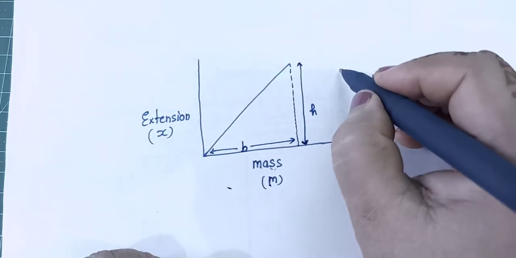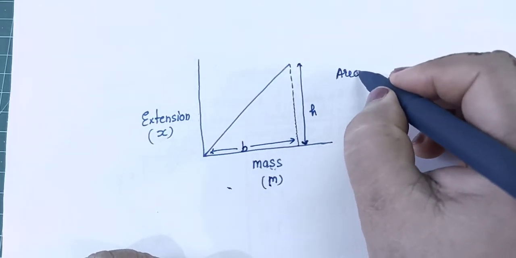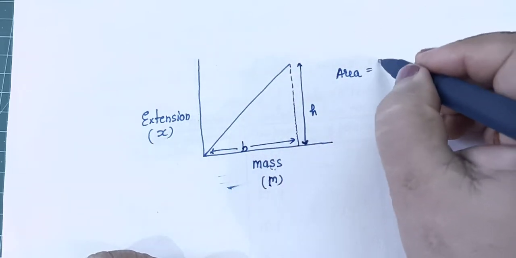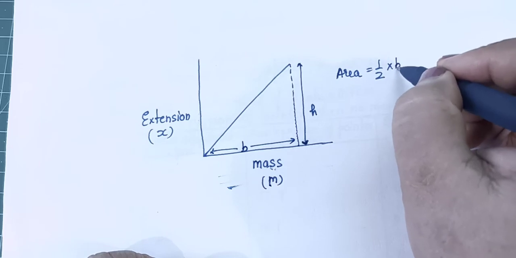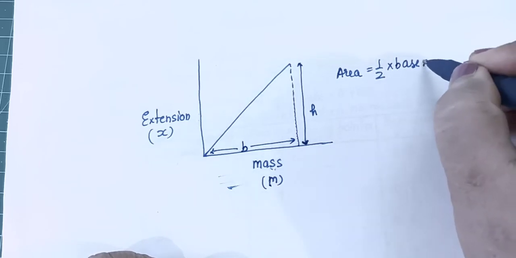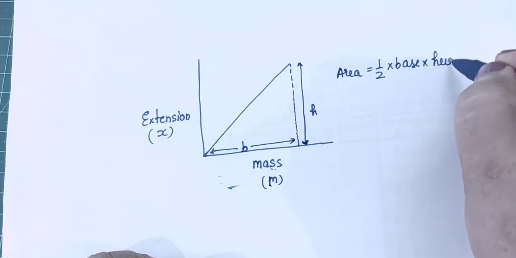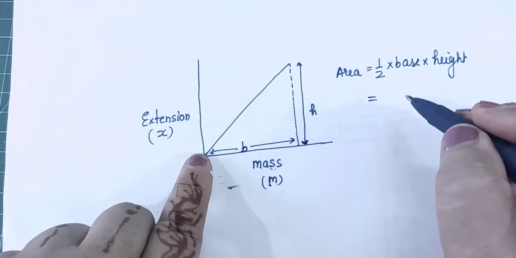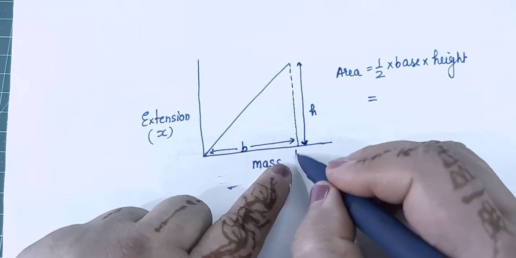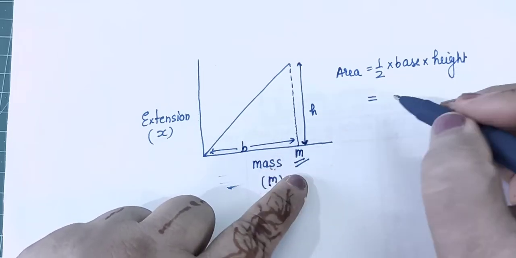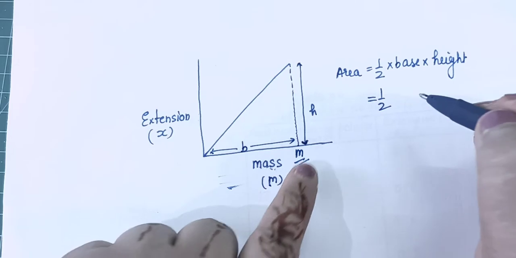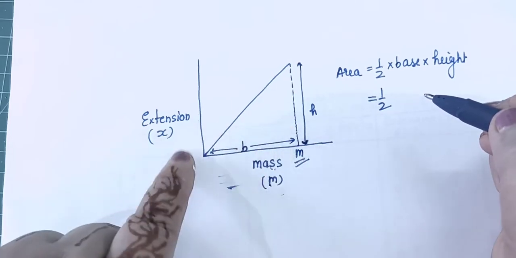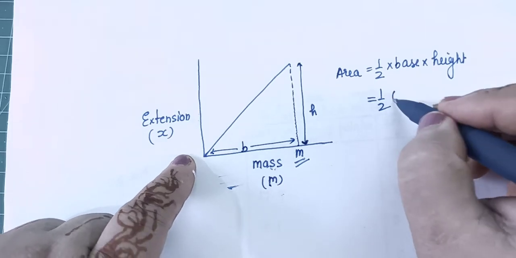If you find the area covered by the graph with the x-axis, then it is half base into height. Now base is, this is 0, this is the last reading of the mass suspended, so base is the mass suspended at the last observation minus 0, that is mass.